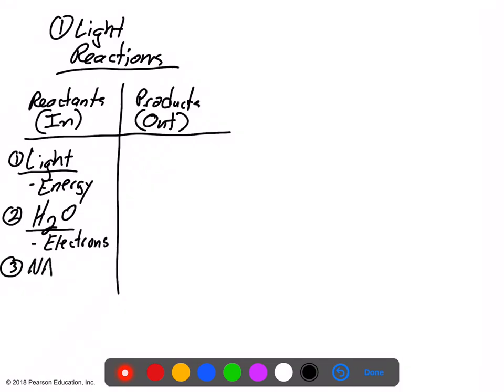Okay, what else would we need? We're going to need a third item. We're going to need a molecule called NADP. It's got a plus on it. And there's a fourth thing we're going to need. We're going to need adenosine diphosphate. You remember that to be part of the ATP cycle.